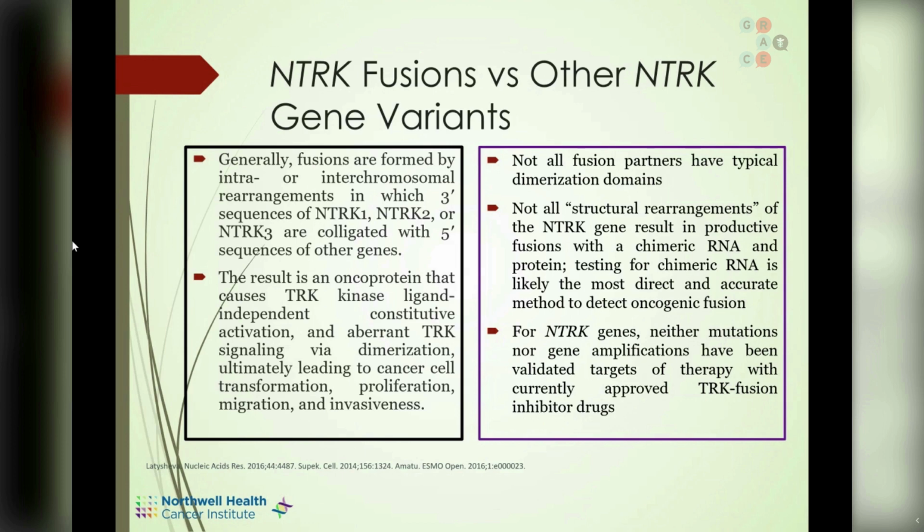The result is what is called an oncoprotein that causes the TRK kinase ligand-independent activation, meaning you don't need the ligand anymore. The pathway is open, it's activated, the dimerization is constantly there, and that leads to cell transformation, proliferation, and invasiveness, going to other places and all that stuff.